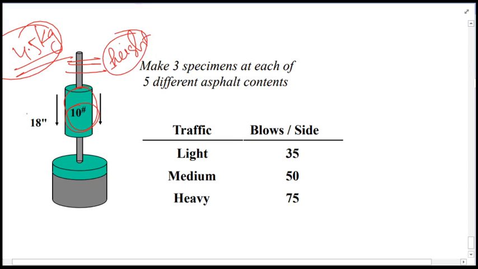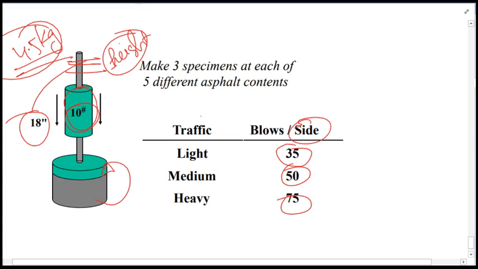This height is 18 inches. Then you will release it, and the blow number will be 35, 50 and 75 per side. After that you will rotate this sample and again provide a similar number of blows to make it compacted. So this says to make 3 specimens at each of 5 different asphalt contents.